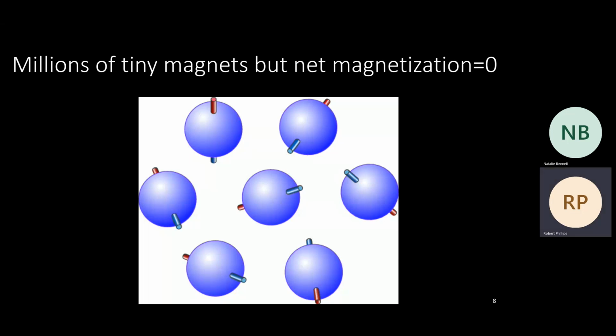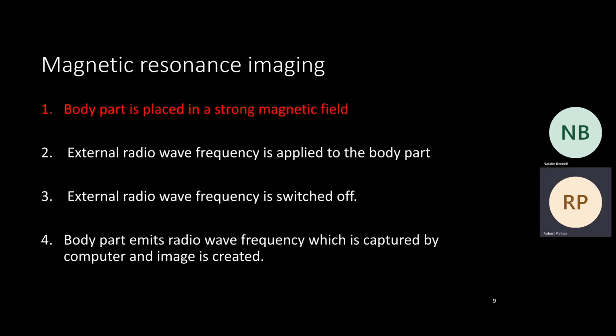Then the scientists thought, what if we align those tiny magnets in one direction? Can we become a magnet? And that is the first part of how we acquire MR images.